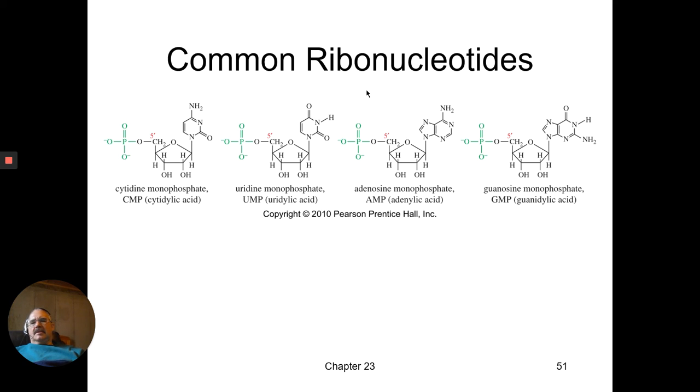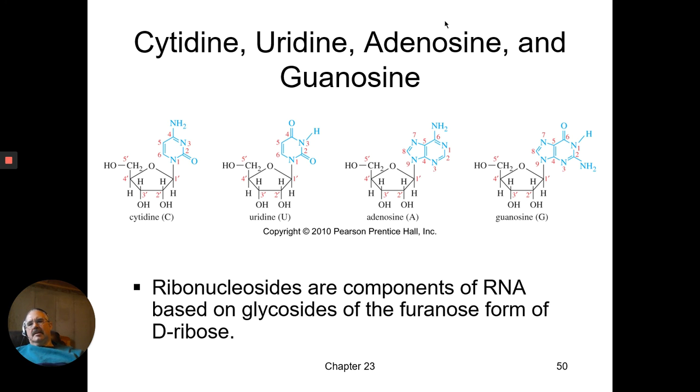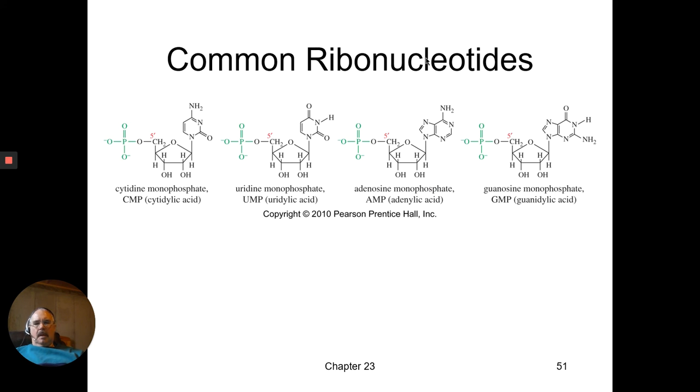Okay, so besides RNA, we have some other common ribonucleotides. The difference between a nucleoside and a nucleotide: these are nucleosides. Nucleotides will also have a phosphate group.